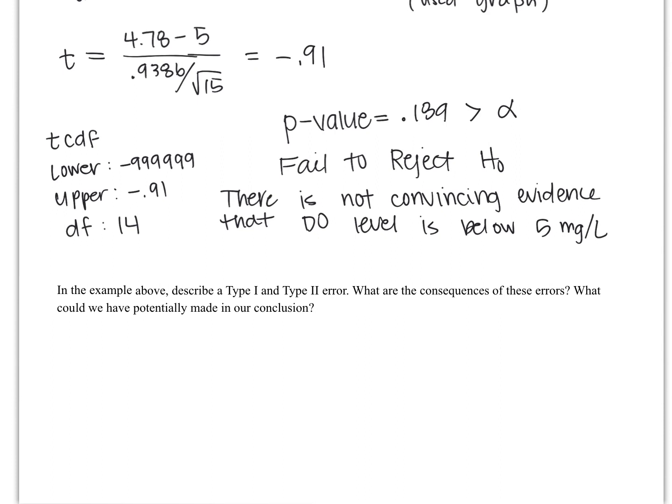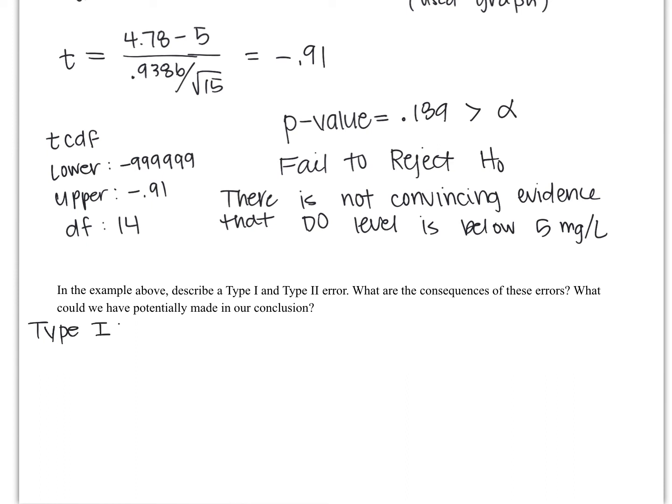So let's also talk about type 1 and type 2 errors. They work the same way with means as they do with proportions. If I reject when I should have failed to reject, it's a type 1 error, and if I fail to reject and I should have rejected, it's a type 2. So let's talk about a consequence of a type 1 error in this case.